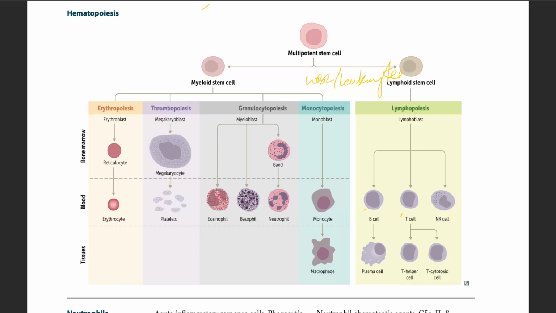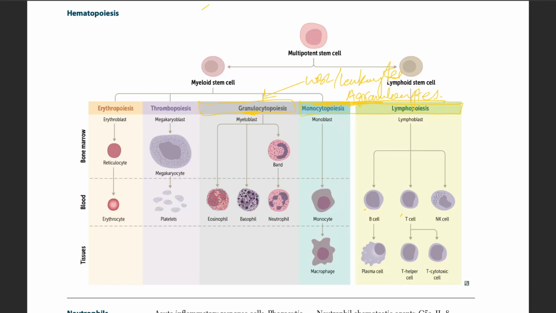In leukocytes, we have two sorts of classification. One is called granulocytes, and the other, this whole area, is the agranulocytes.